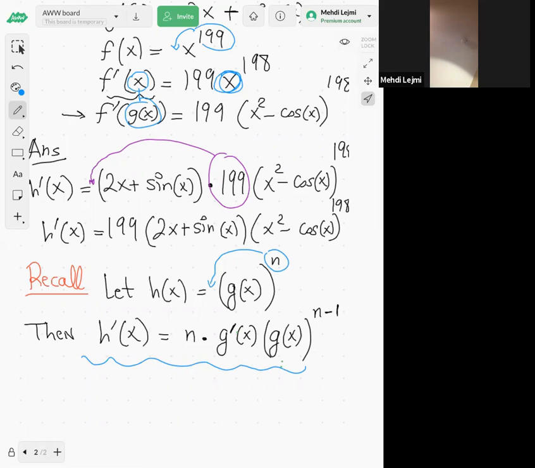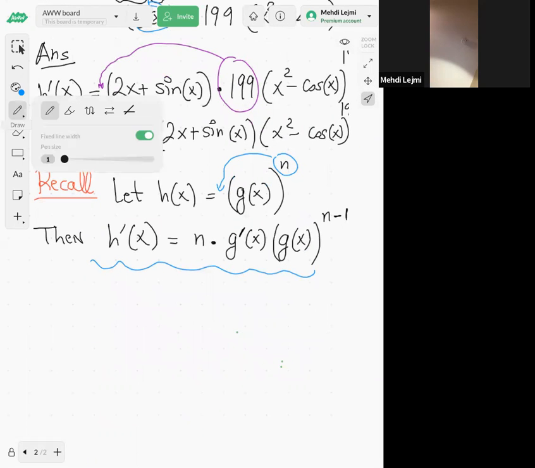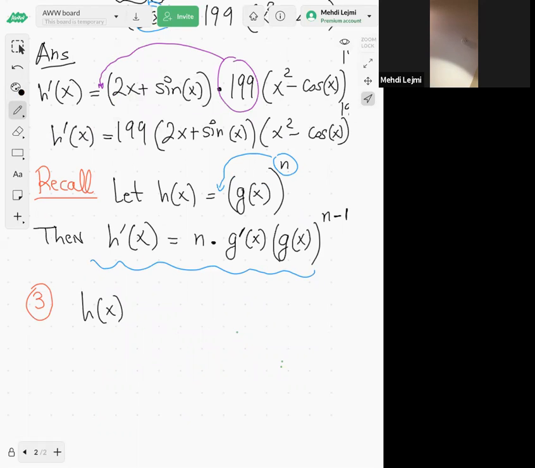So for example, if I come back to my exercise, number 3 here, my h of x was x squared minus cosine of x to the power 199, right?